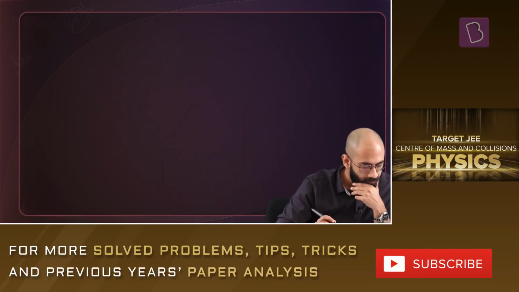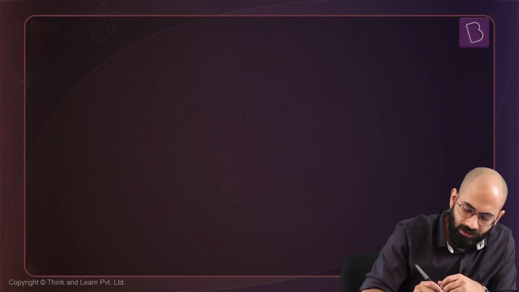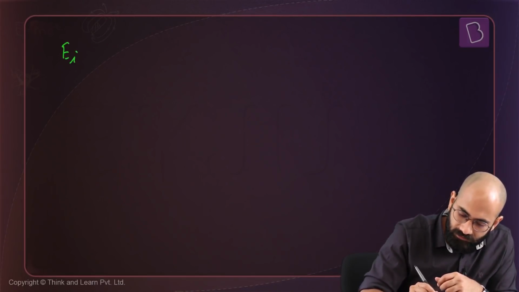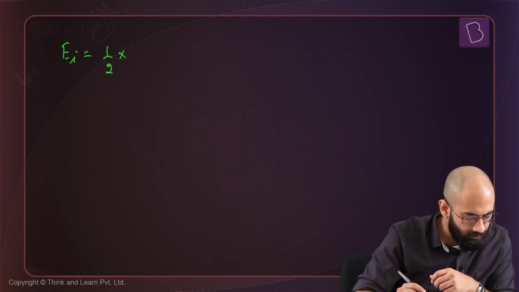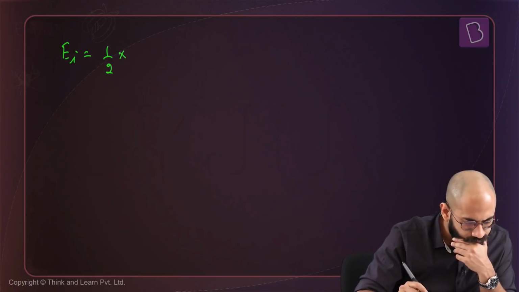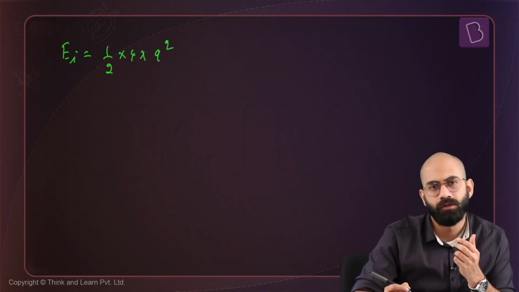So let's conserve initial energy and final energy. Initially, what is the total energy of the system? It's just the kinetic energy of the block, right? So the initial energy Ei will be equal to half m, which is the mass of the block, 4 into 9 squared.